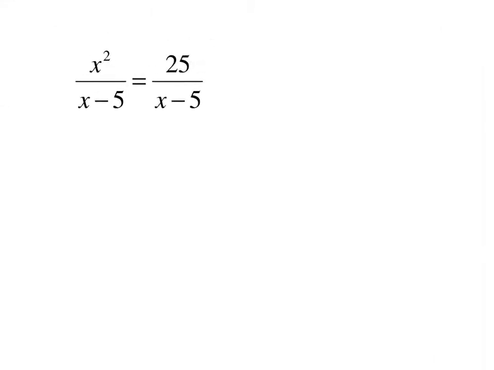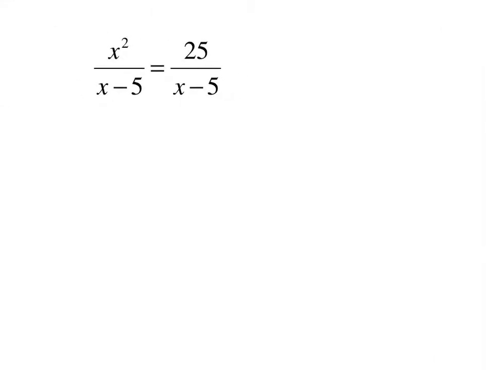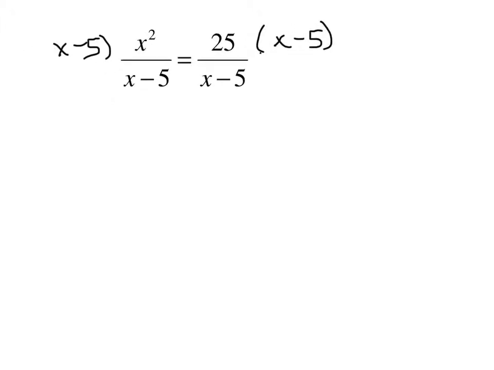Let's try this one. So these both have the same denominator, so we're just going to multiply both sides by x minus 5. And when we do that, our denominators cancel, so we have x squared equals 25.